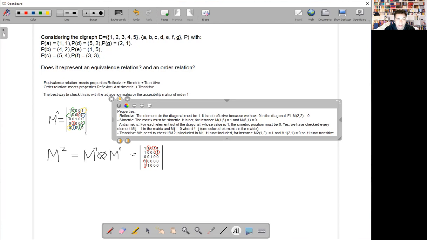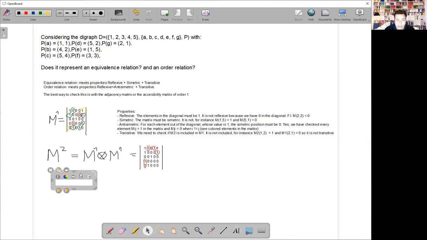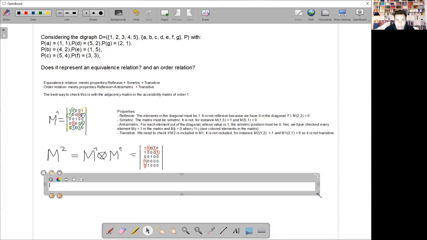Okay, so finally, we have checked all the properties, and let's write the answer, right? The answer is, to represent an equivalence relation, it must be reflexive, symmetric, and transitive.